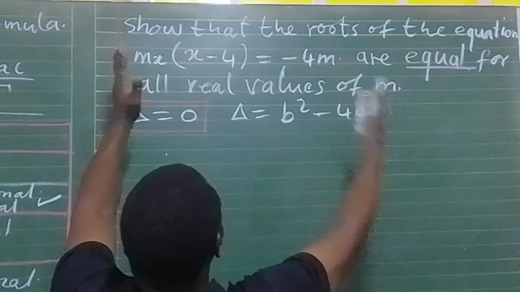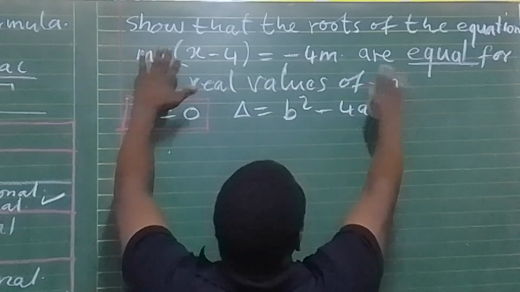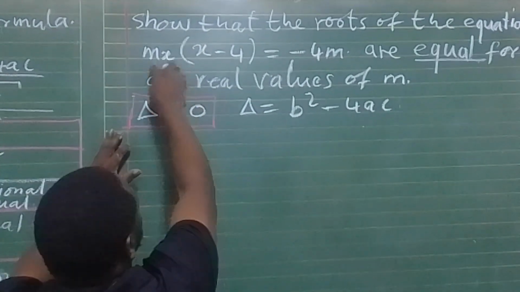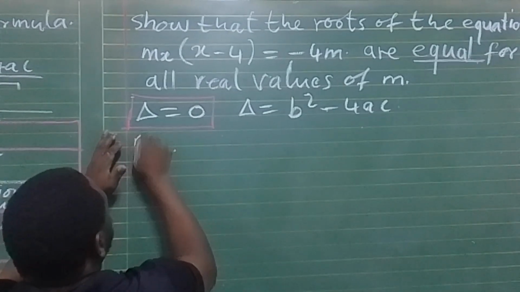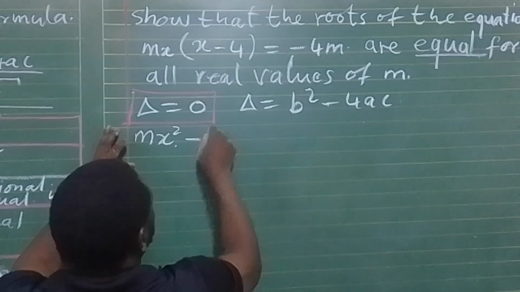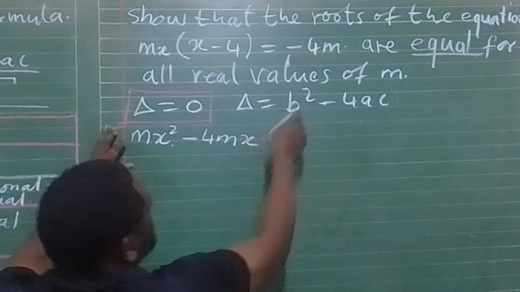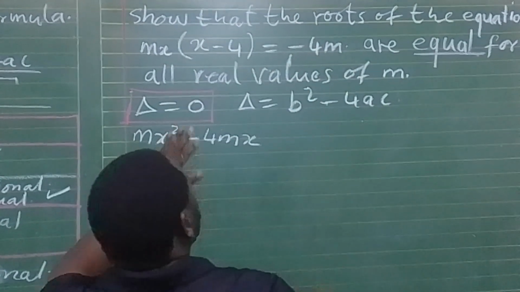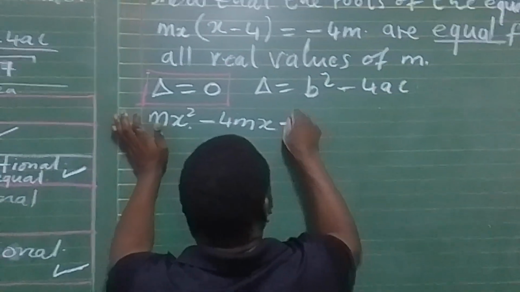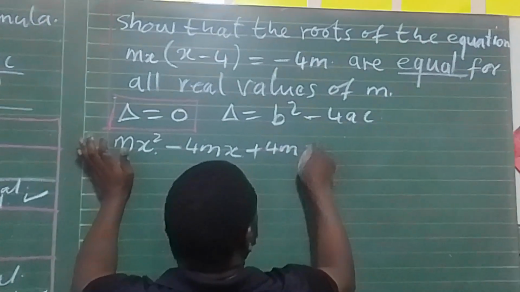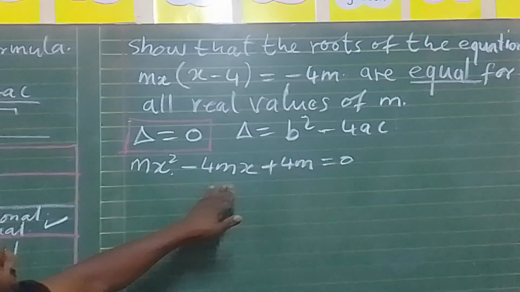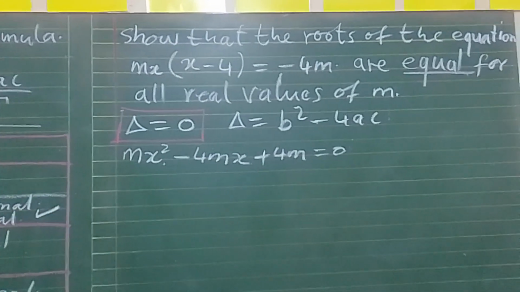Then we rearrange everything that we were given so that it will be in a standard quadratic form. We multiply here, it's mx squared. We multiply here minus 4mx. You take this 4m from the right-hand side to the left-hand side. It is negative, it is going to be positive 4m is equal to 0. Now we can see that this is your a, this is your b, this is your c.